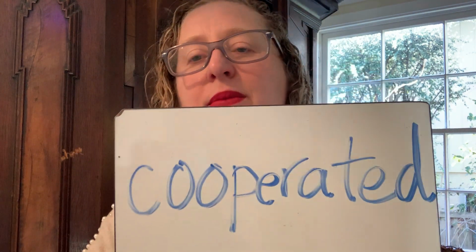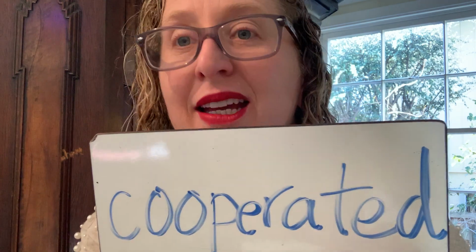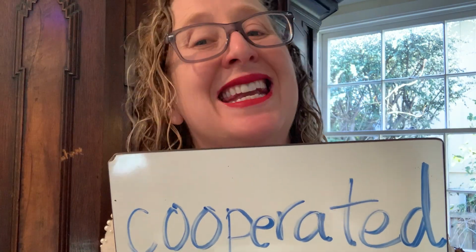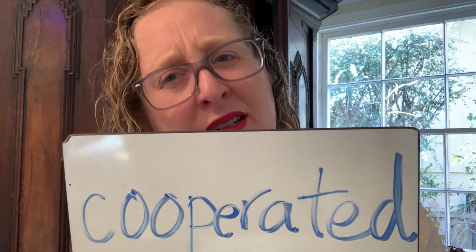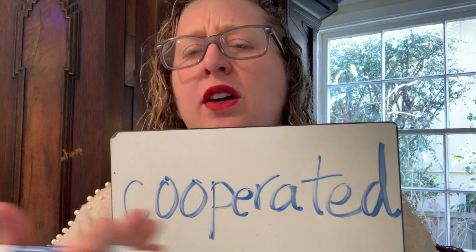Cooperate. Now, I'm just going to add a D, and it becomes cooperated. They cooperated nicely, meaning they played nicely, they worked together nicely. They cooperated. Wonderful. Now I'm going to change the ending to an ing.